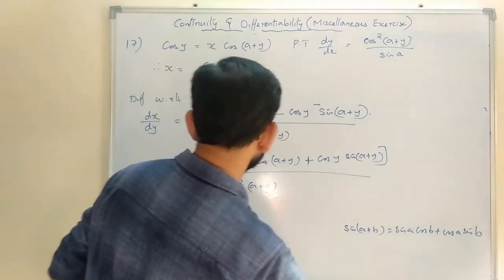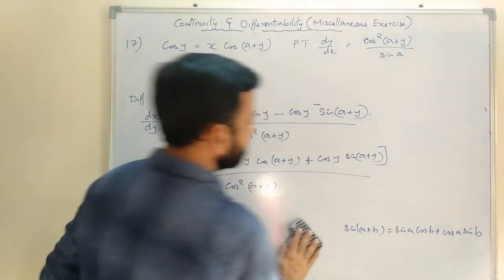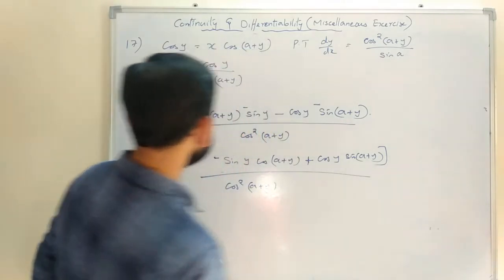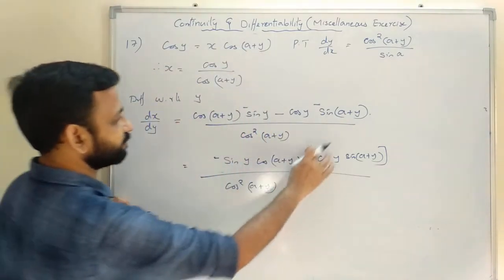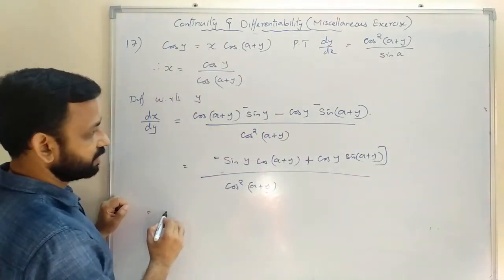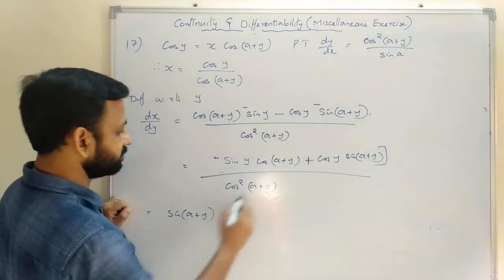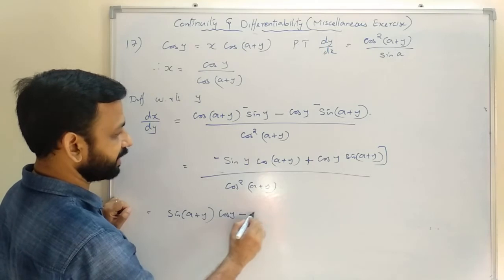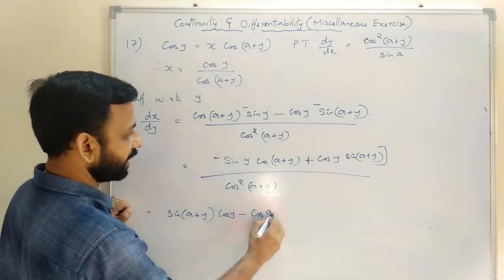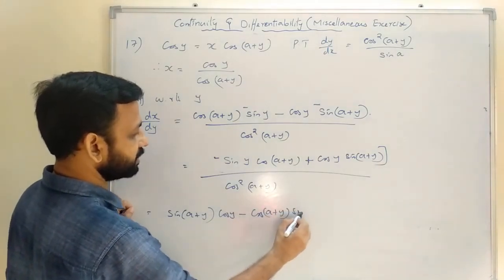So now we will rearrange that term. Means we will write this expression first. So we can write sin(a + y) cos y minus cos(a + y) sin y.